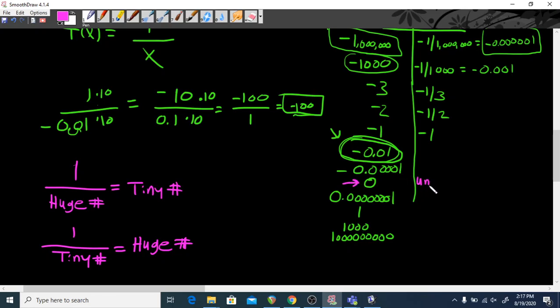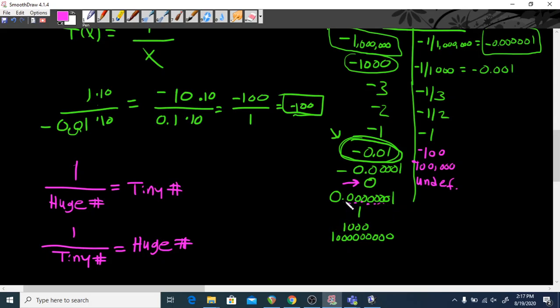So this is actually undefined. Here we get 100,000, here we get negative 100. Now positive, how many zeros do we get here? 1, 2, 3, 4, 5, 6, 7 zeros.